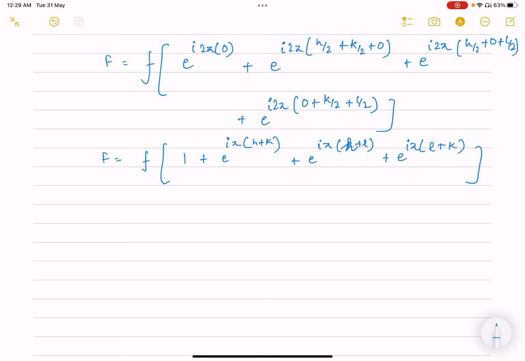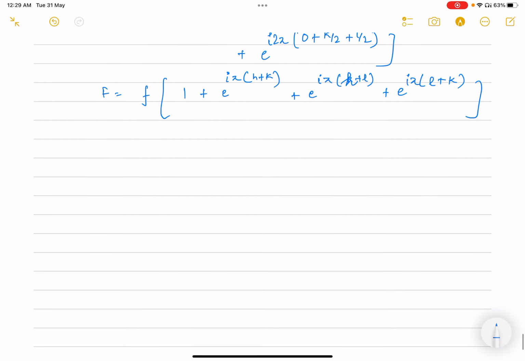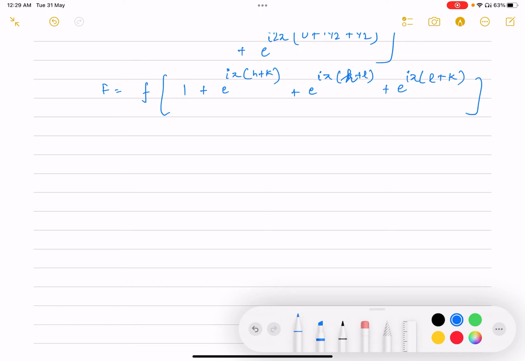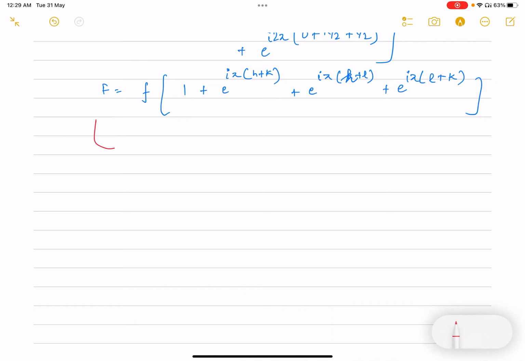This is what we get, and this should be a real number. Now we have two choices: if all h, k, l are either even or odd.